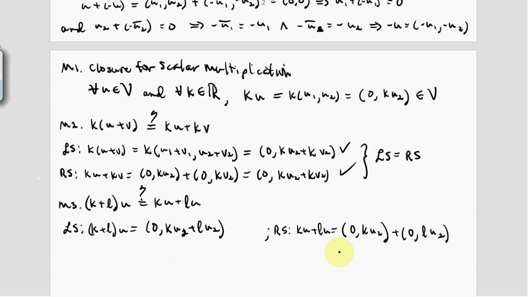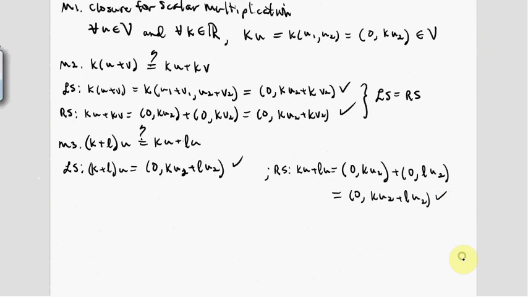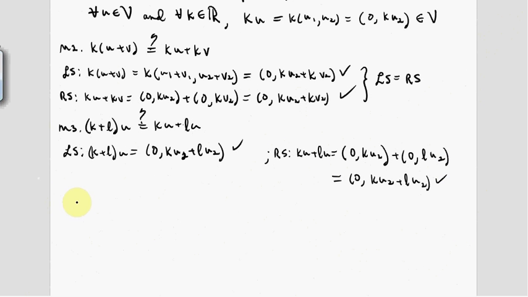Now I add the two vectors. I get 0, comma, k, u sub 2 plus l, u sub 2. They're the same thing. They're the same. So we get the left side is equal to the right side.